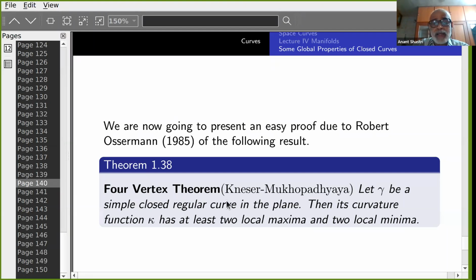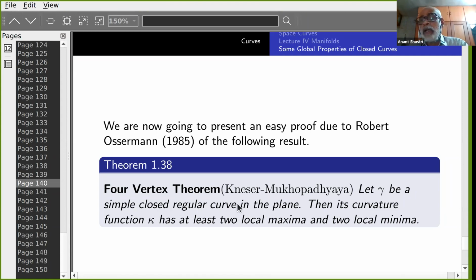So as it appears here, it is Knesser's version. This is much more general because it does not assume convexity at all. The curve need not be convex.